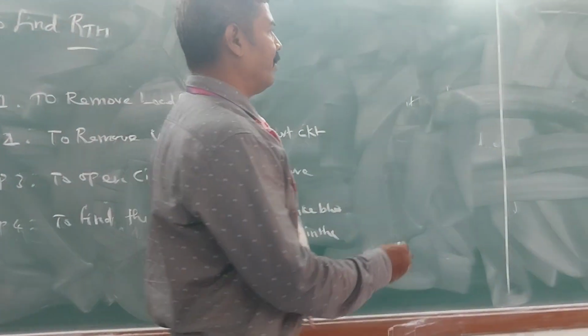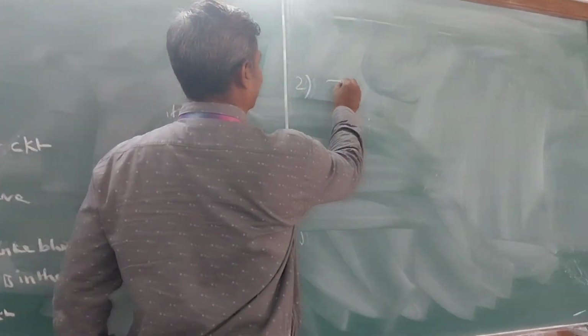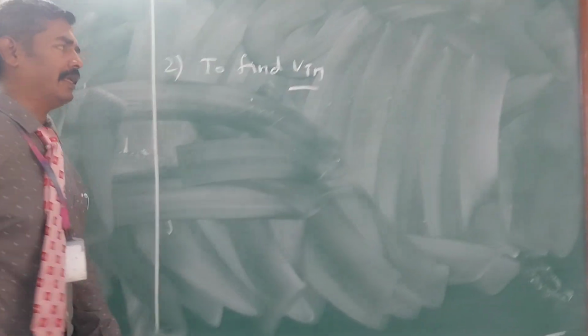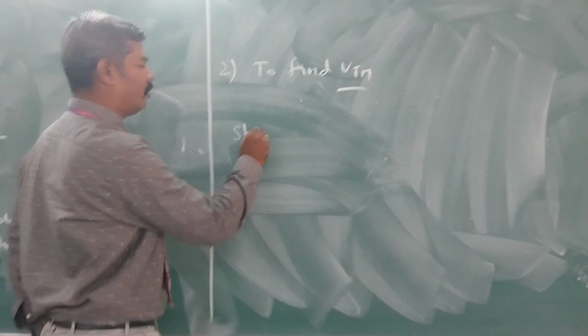The next important parameter is to find the VTH, which is called the Thevenin voltage. The first step is to remove the load resistor.